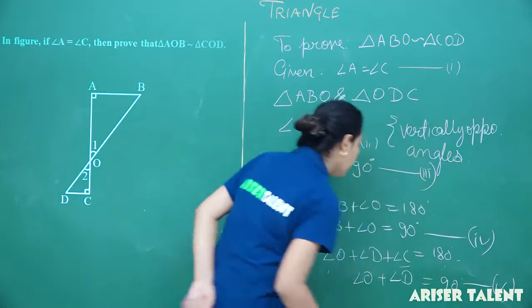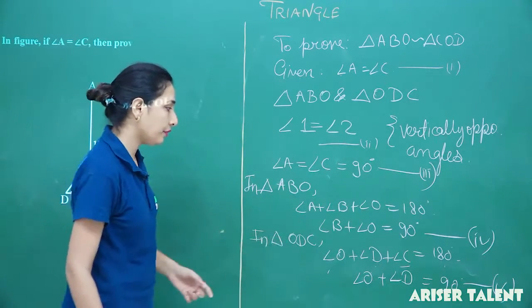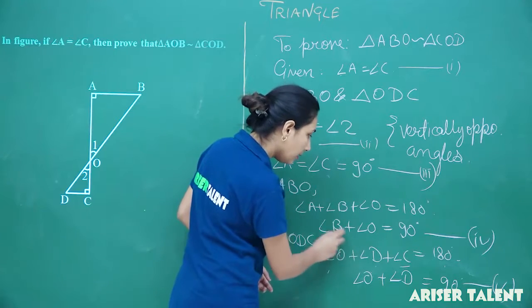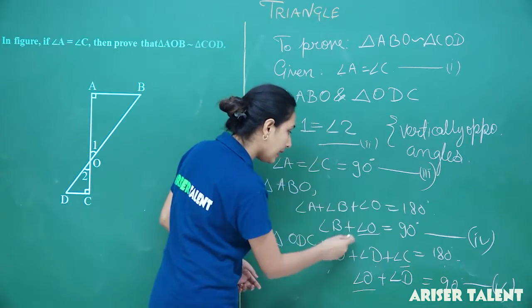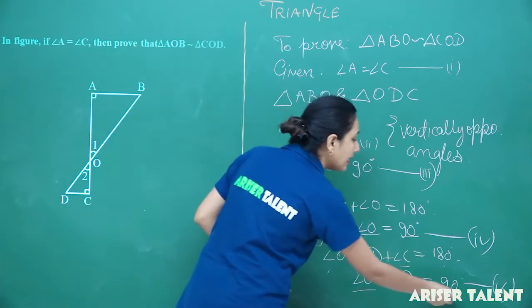Now, compare equations 4th and 5th. Angle O is here and B is here and D is here. This is 90 and this is 90.